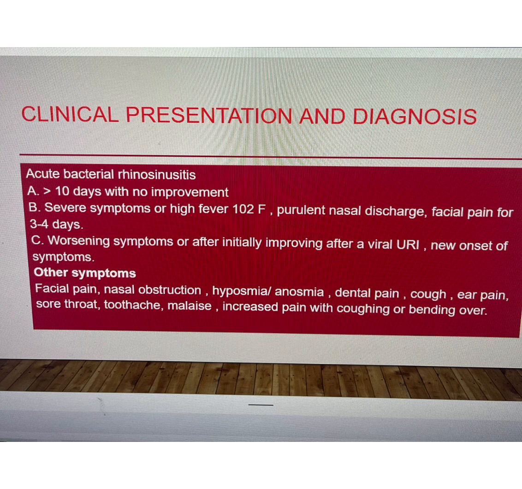Other clinical features are facial pain, nasal obstruction, hyposmia or anosmia, which means loss of smell, halitosis, which means bad breath, dental pain, cough, ear pain, sore throat, early morning periorbital, around the eye, swelling, toothache, malaise, increased pain with coughing or moving or bending over, or sudden head movement, and there is no response to decongestants.